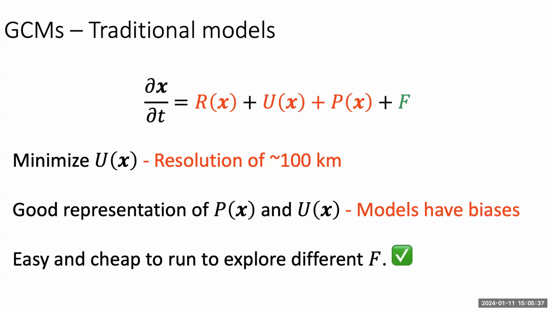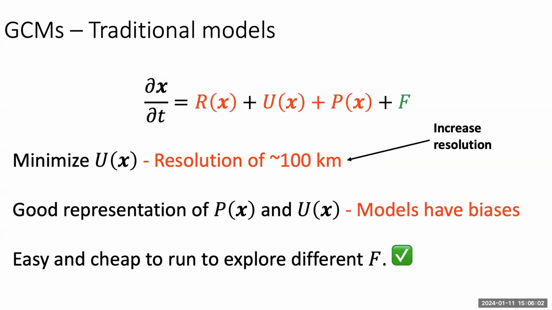But on the other hand, most of the models are relatively easy and cheap, and I think the best evidence for that is the number of intercomparison projects that use a lot of models. We are able to run those models for a long time and for a lot of different experiments.